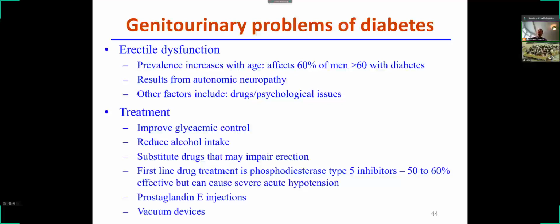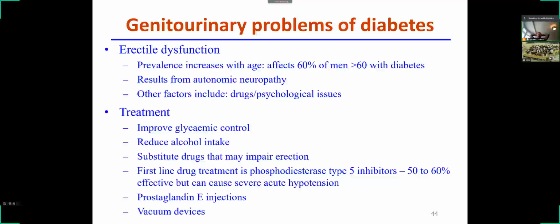Now, again, what are ways to try and reduce and treat such peripheral nervous issues? You try to improve the glycemic control, certainly reduce alcohol intake, substitute drugs that may impair erection. If the patient's in treatment, some of the side effects are obviously from the drugs, not just the diabetes.